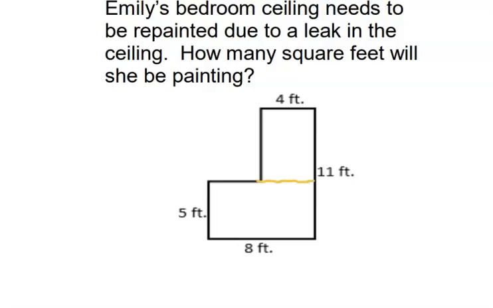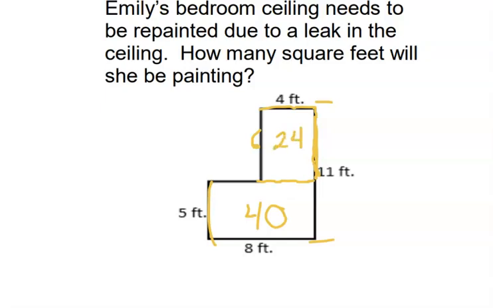5 times 8 is 40, so we know that much so far. So we need 40 feet squared. This is 4, but what is this distance? Well, the whole distance from top to bottom is 11, and this is 5. So we're going to have to do 11 minus 5, which means this distance here is 6. Now that's pretty easy. 6 times 4 is 24.